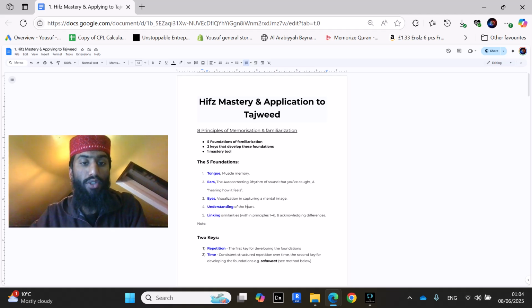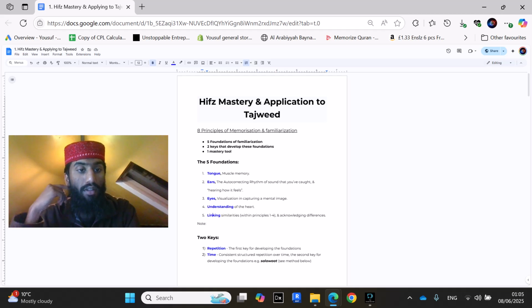Linking actually is a very good tool because it skips your need to put effort into repetition to memorize. Because when you link something together with another thing, you're using something you already know and understand, and linking it to something you didn't understand before, but now you do understand it because of the other thing that you know.